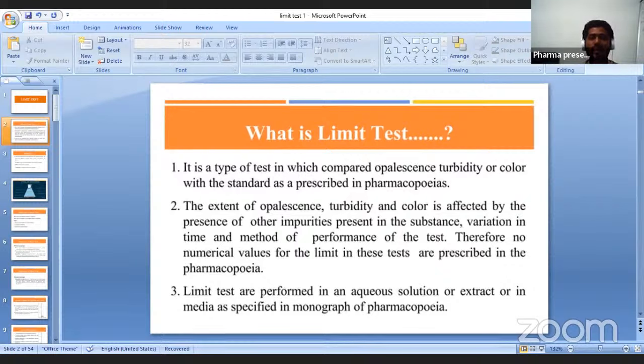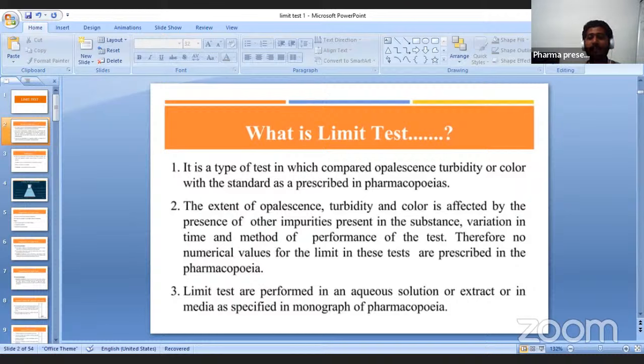Stir immediately and observe after 5 minutes against a dark background. You need to check whether the opalescence is more or less. If the test has more opalescence than the standard, it fails the test. If the test opalescence is less, it passes the test.